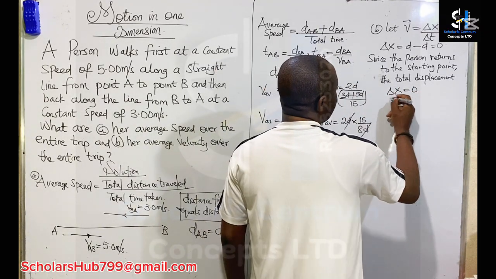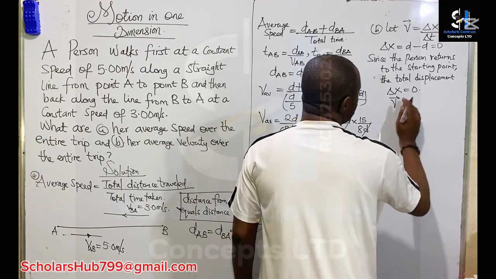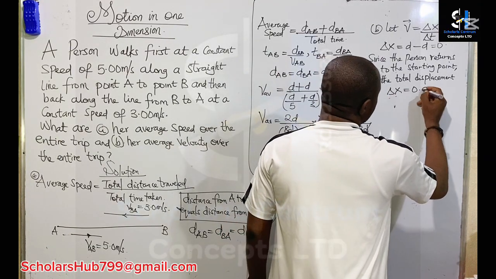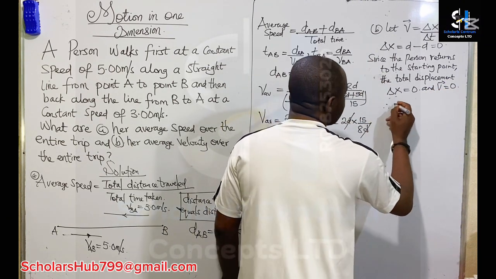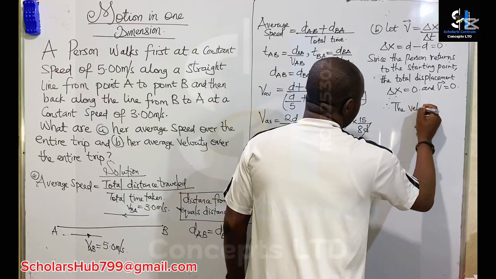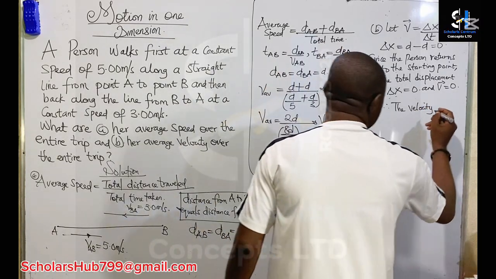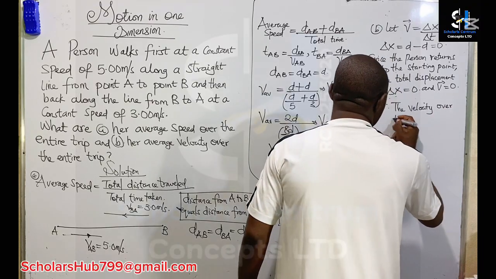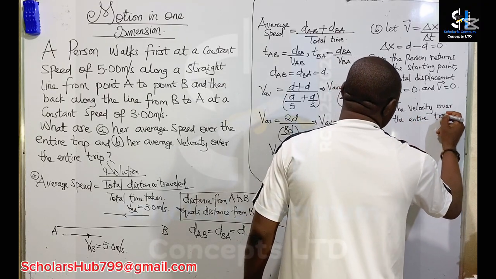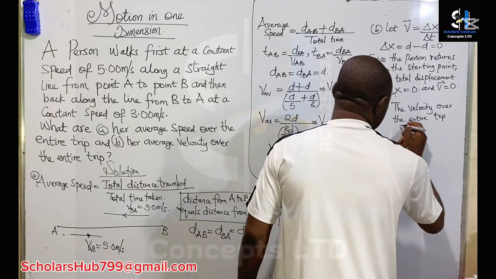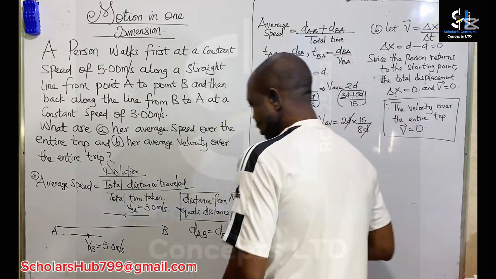So the velocity over the entire trip is equal to 0.